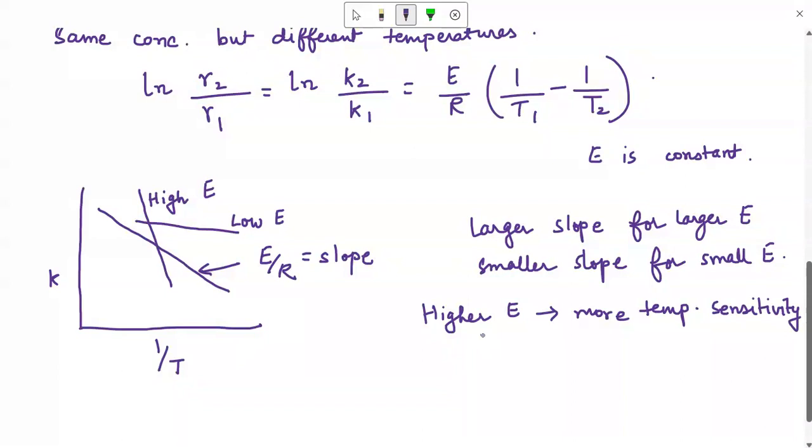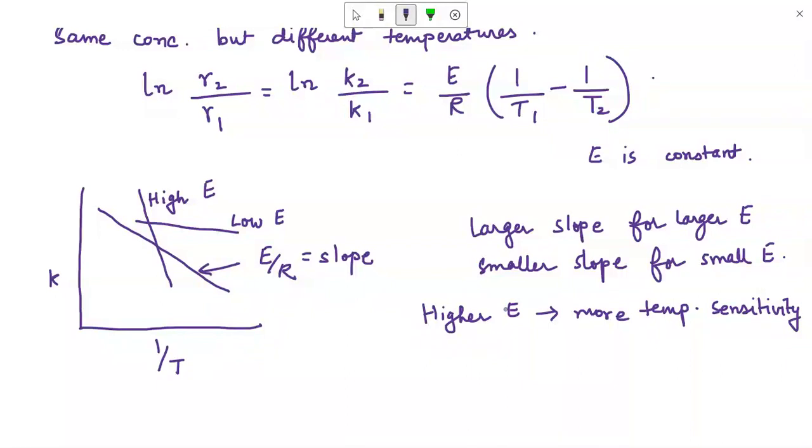But if you have a lower activation energy, then it is relatively less sensitive, or maybe insensitive for very low activation energy. Any given reaction is much more temperature sensitive at a low temperature than at a high temperature.